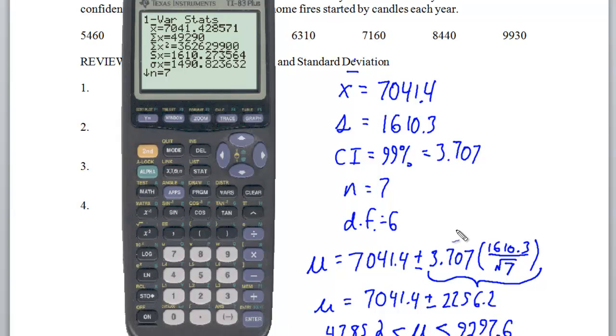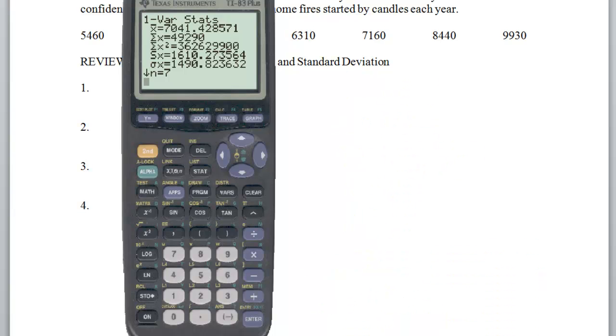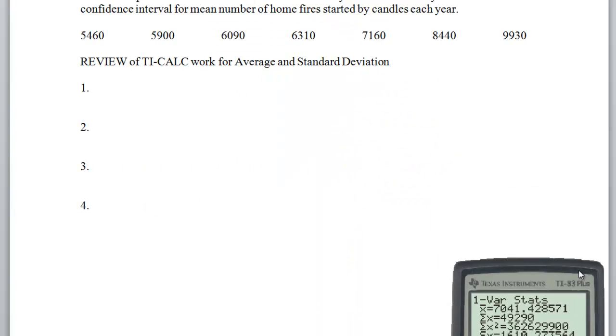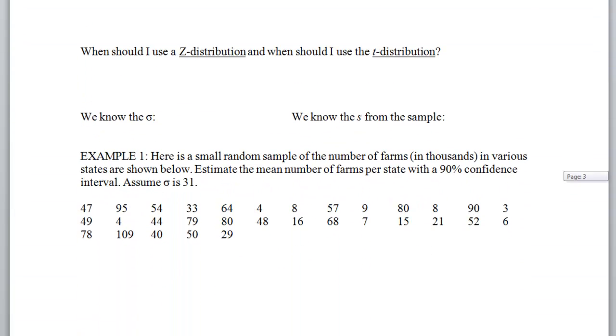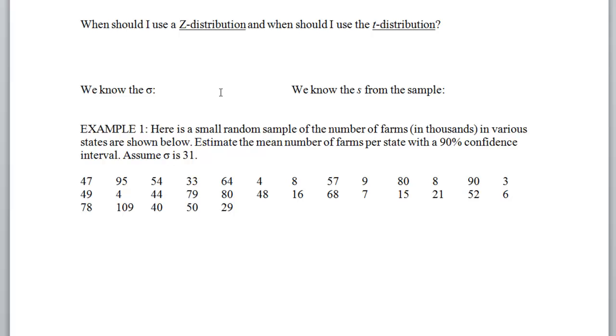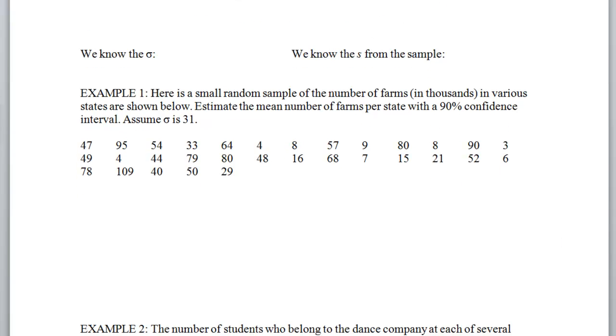All right, so for our last page here, again, copy this down. You've now seen 2 different distributions. And one of those distributions is called the Z distribution and the T distribution. So the question becomes, when do I use one versus when do I use the other? And it pretty much comes down to this question.